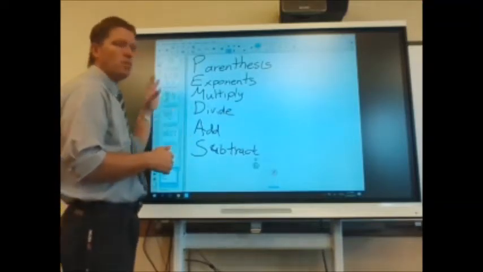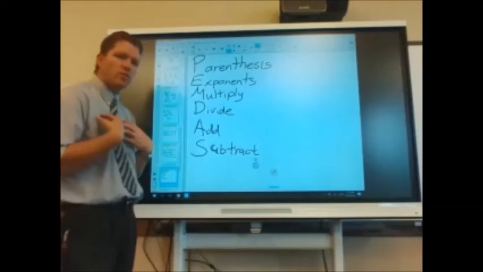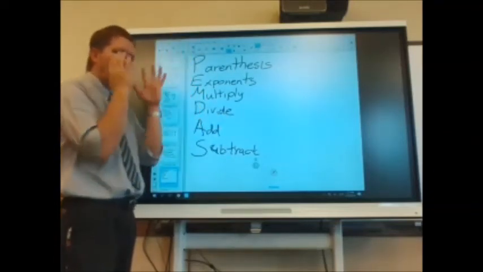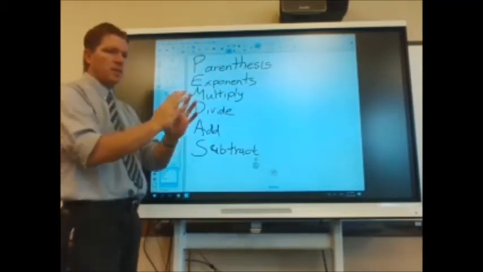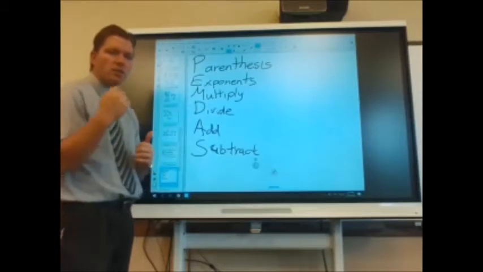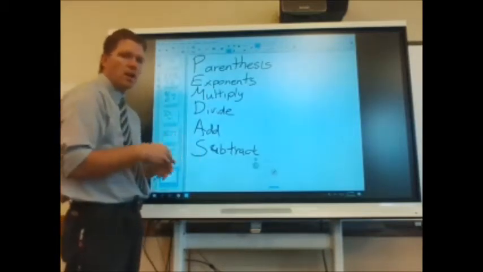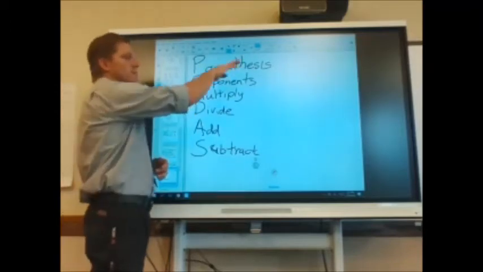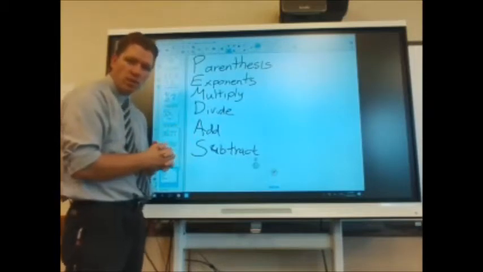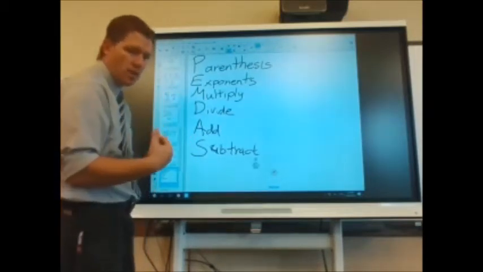Sometimes we put them in there just to clarify that order, and that's really helpful for us as we see lots of different things. I put in parentheses, and then I automatically think that must be done first. And so that's helpful if we understand that. Our students, after we teach them about order of operations, are going to go and try and do parentheses first. So anytime I use parentheses, it's kind of a trigger for them. This is something that we're doing right here, right now, before other things.